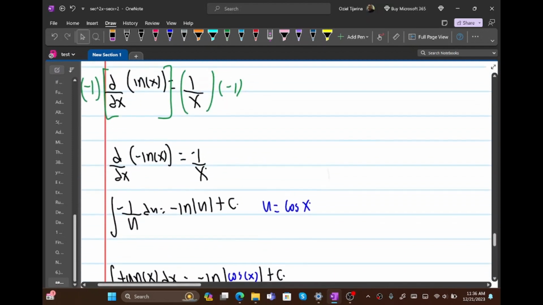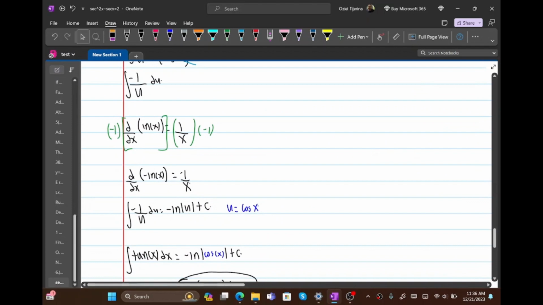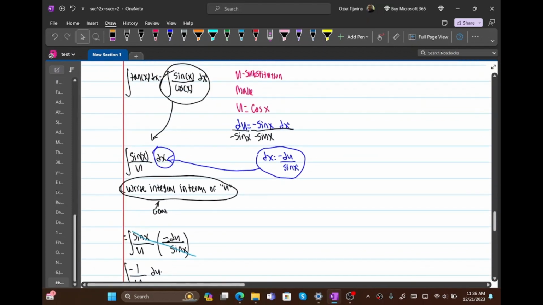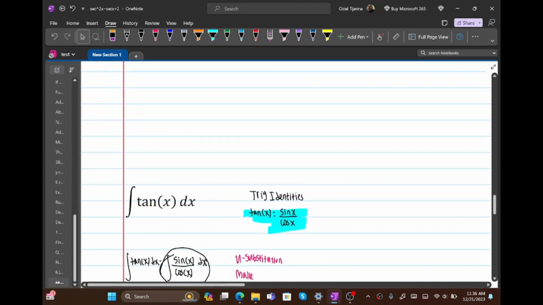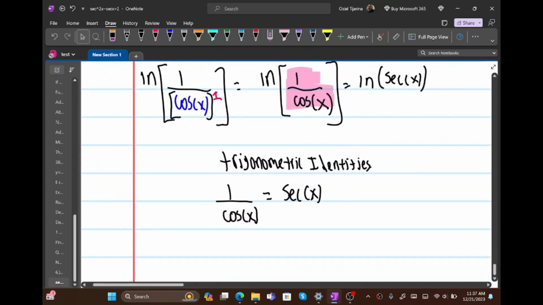And so here we end up having that the integral of tangent of x is really going to be either the natural log of secant of x.